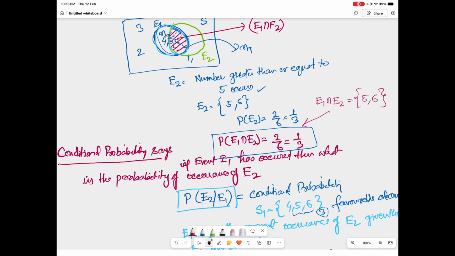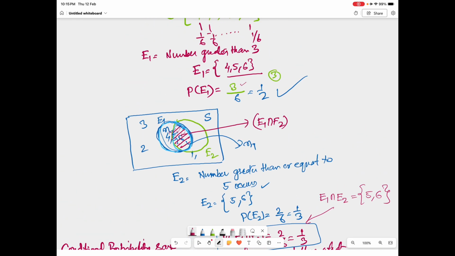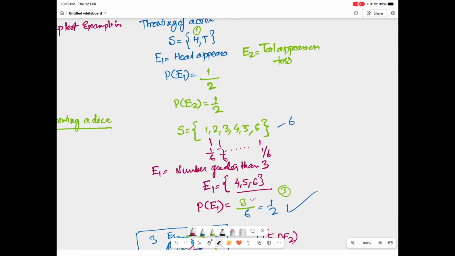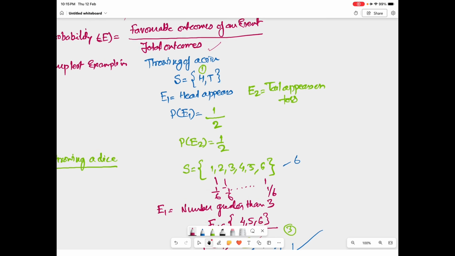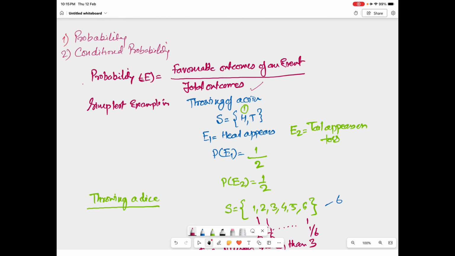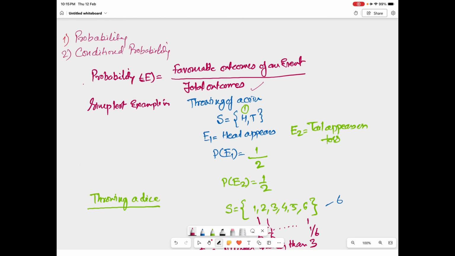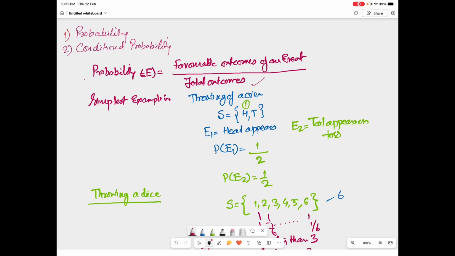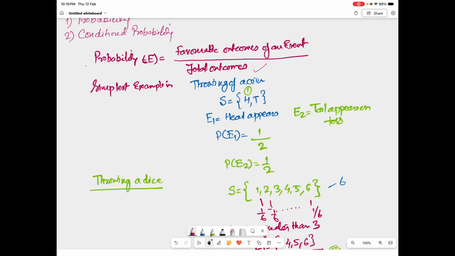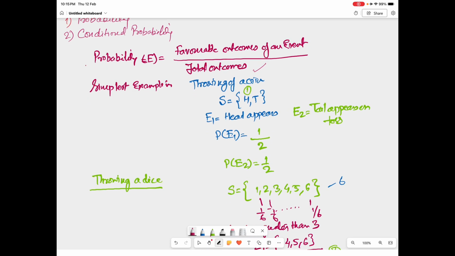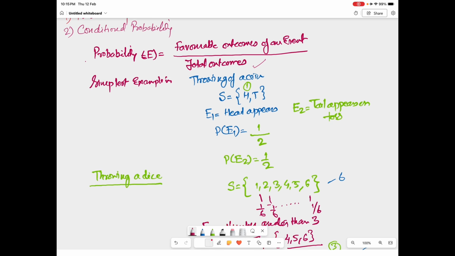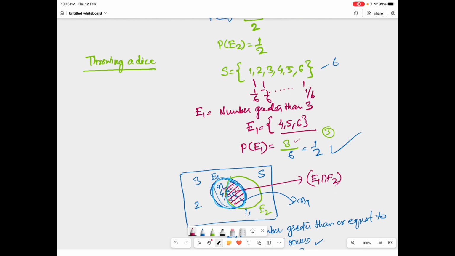Because probability will always help you to make judgments in your daily life. If you go to any electronic shop and you buy an item, you buy an item of an established brand. Why do you buy the item of an established brand? Because the probability of its malfunctioning will be less. So every decision in our daily life is also on the basis of probability.